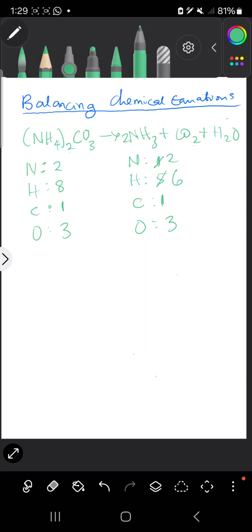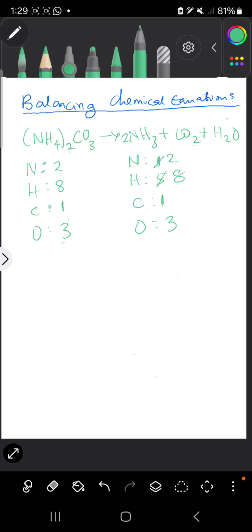Okay, beautiful. Our carbon, of course, is still balanced. So we have 6 hydrogen here, and there's another 2 hydrogen here. That gives us a total of 8 hydrogen atoms. I think the equation is balanced. I have 2 nitrogen, 8 hydrogen, 8 hydrogen, 1 carbon, 1 carbon, 3 oxygen, 3 oxygen.